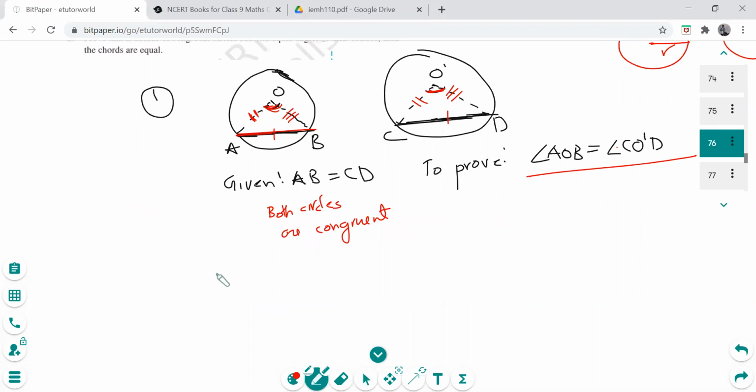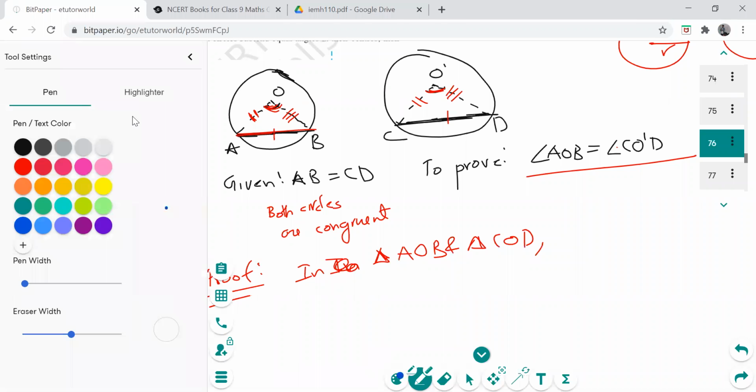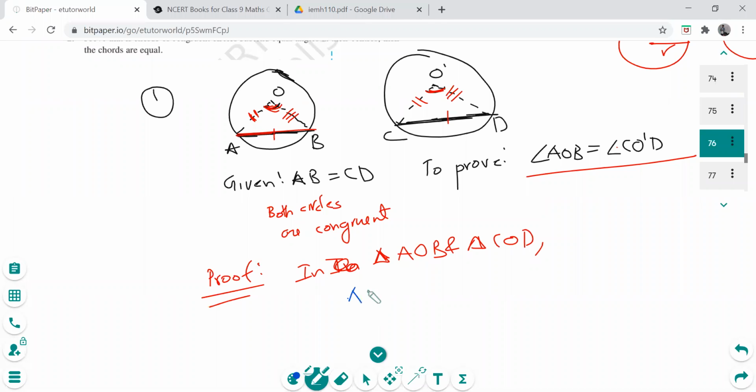So now moving ahead on the proof, in triangle AOB and triangle CO dash D. Tell me what is being given. Yes. Very easy. AB and CD given. AB equals CD. And AO is equal to CO dash.